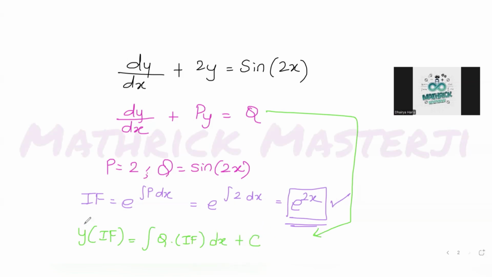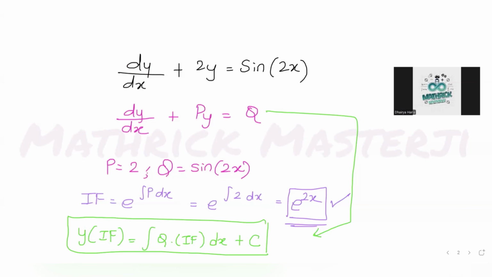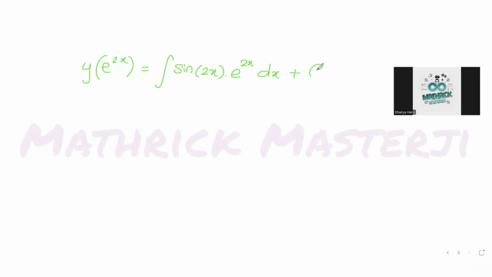So I can use this idea and write the solution of the given differential equation. y times IF, where IF is your integrating factor, which is e raised to 2x, equals integral of q times IF. Q here is sine of 2x, times IF, which is e raised to 2x, dx plus c.